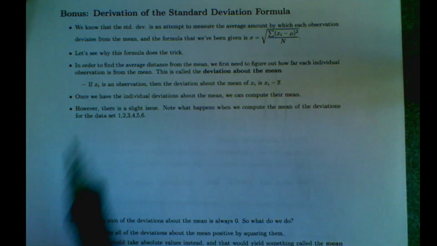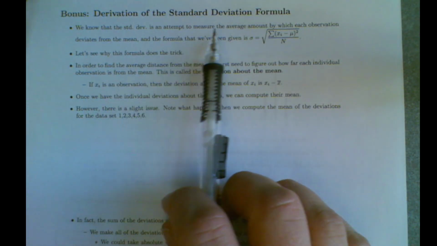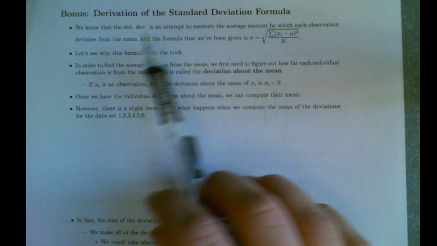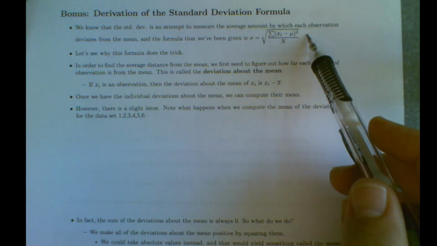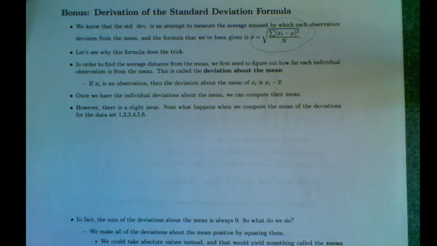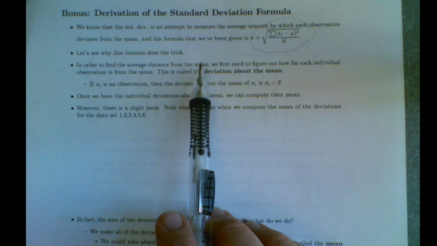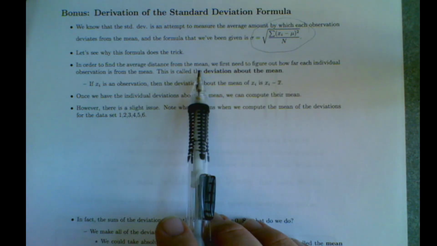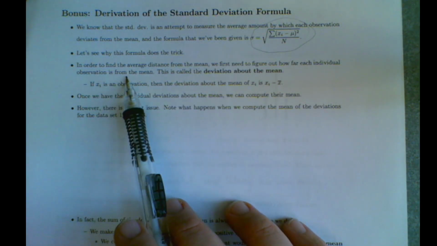So let's go through it. We know that the standard deviation is an attempt to measure the average amount by which each observation deviates from the mean. And this is the formula that we claim does the trick. So let's see why. In order to find the average distance from the mean, we first need to figure out how far each individual observation is from the mean.